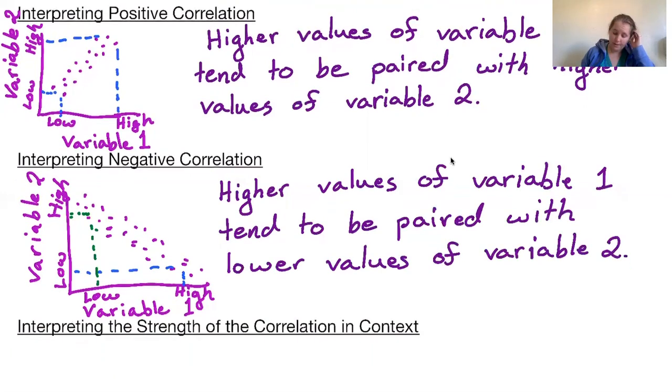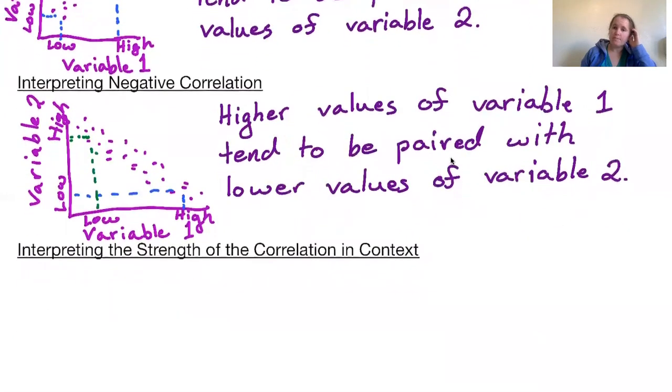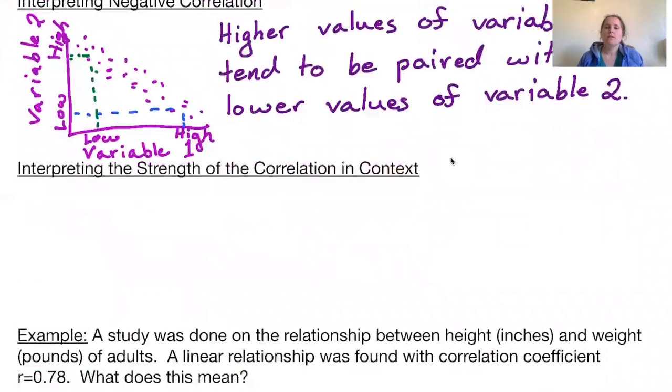Then we have interpreting the strength of the correlation. So what this means in terms of the relationship: if we have a strong correlation, then this means that the pattern is fairly consistent.